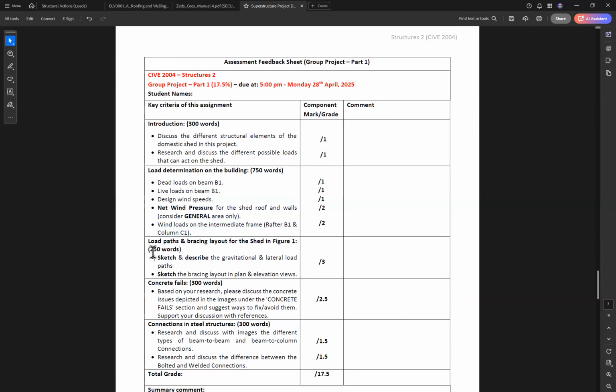So no design in stage 1 or part 1, only loading and some discussion questions like bracing layout, load paths, concrete footings, and connections in steel structures. So this is part 1.